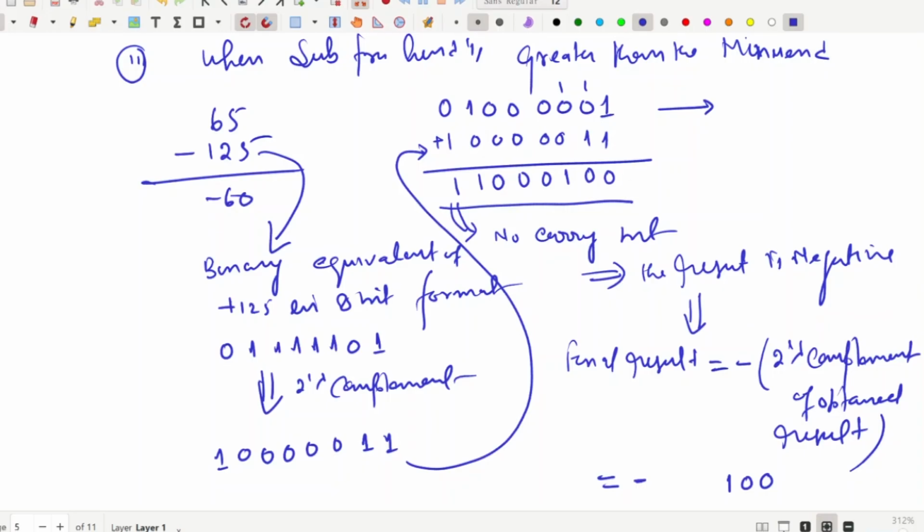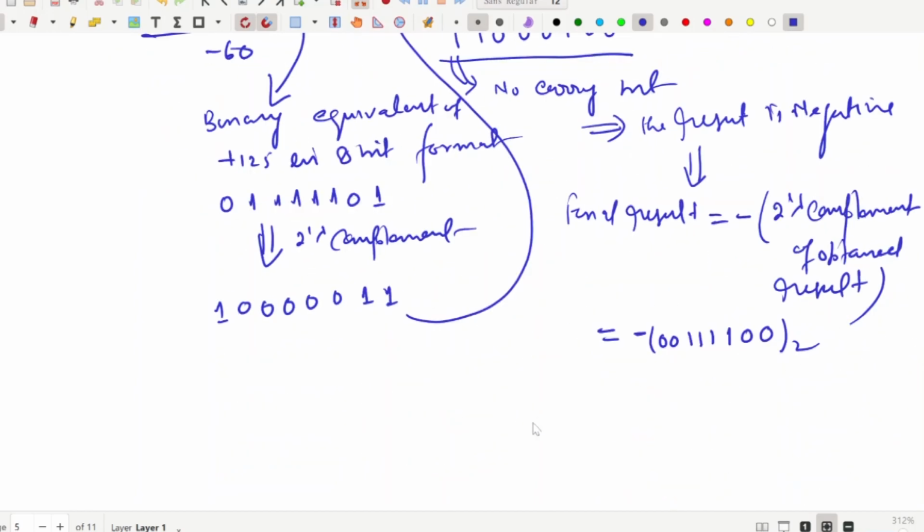When we convert this result to decimal form, this is minus of 2 to the power 5 plus 2 to the power 4 plus 2 to the power 3 plus 2 to the power 2, that is equal to, when we sum up all, minus 60. So this is the process when case three happens, meaning the subtrahend is larger than the minuend.